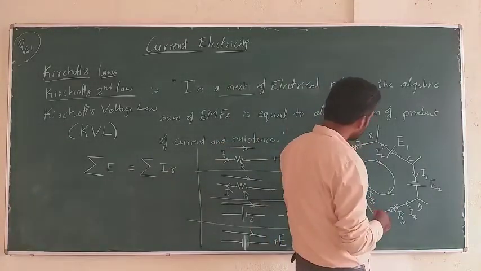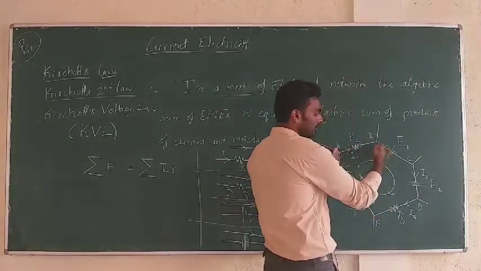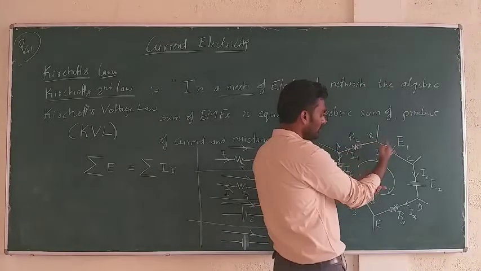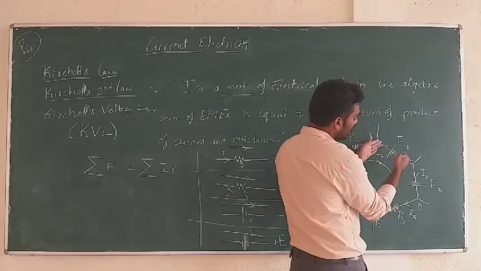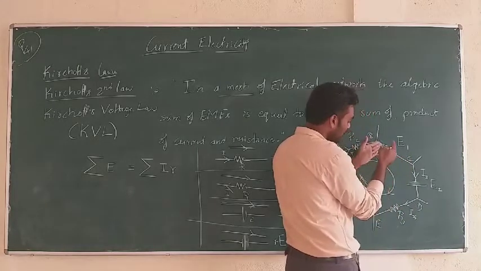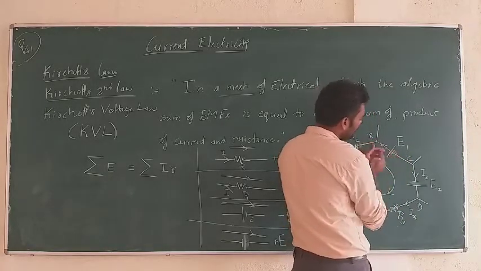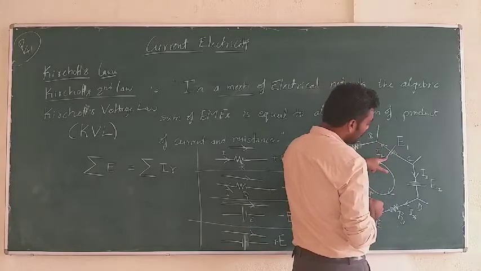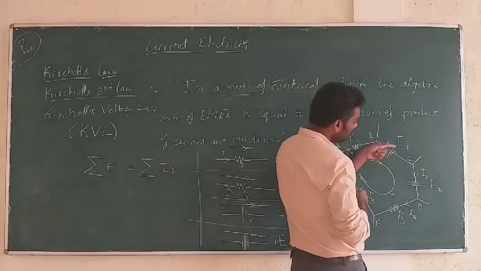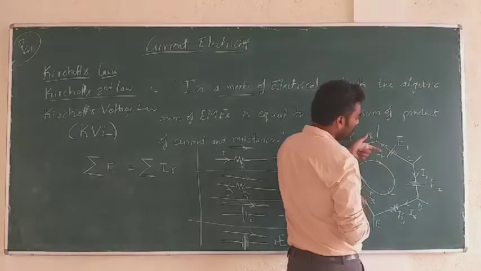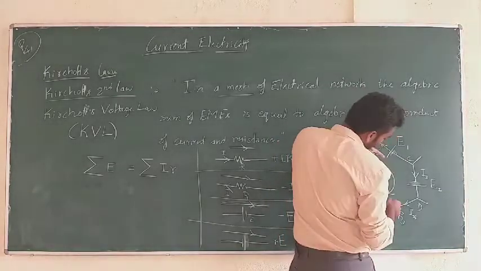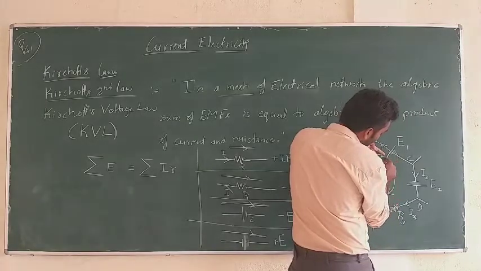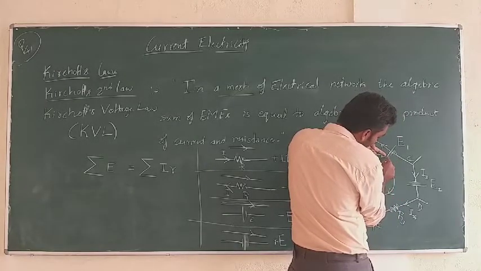In the part AB, no resistor, no EMF. In the part BC, I first approach the first cell, and in this cell I first see the positive terminal. So I have EMF E1, but the direction of traversal is like this, and I see the positive terminal of the cell first.